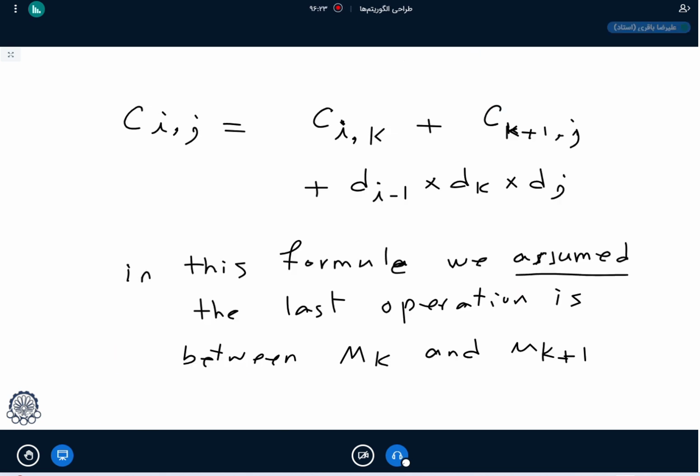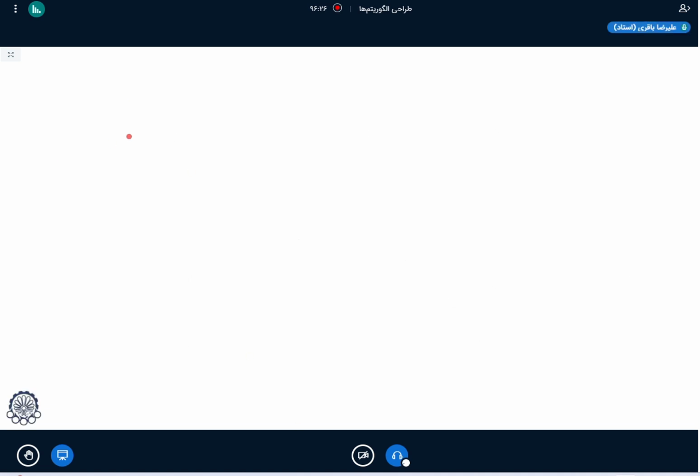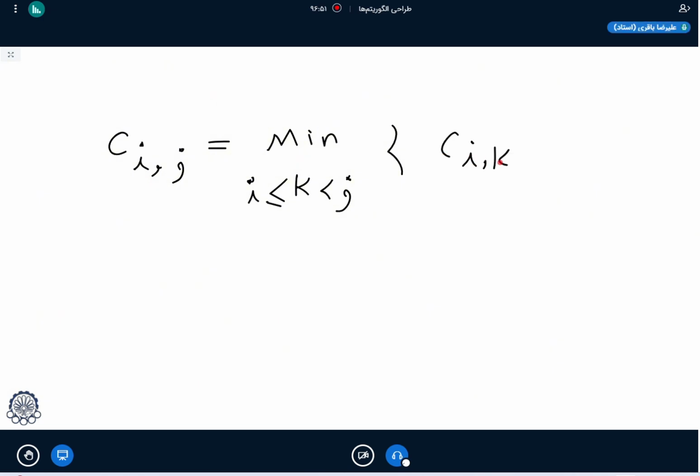So we can rewrite the formula as this: Cij is equal to the min, for any k between i and j, of Cik plus C(k+1)j plus d(i-1) multiplied by dk multiplied by dj.